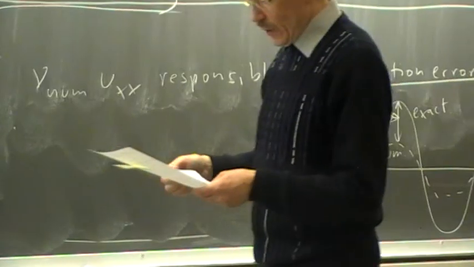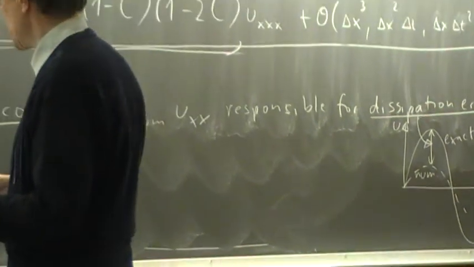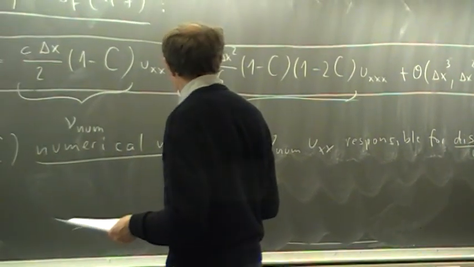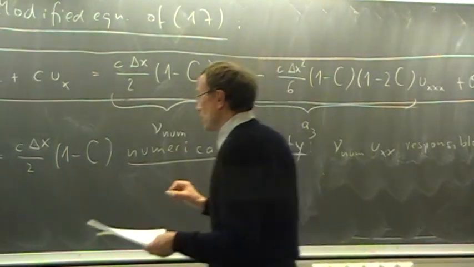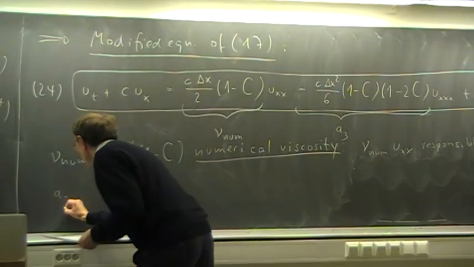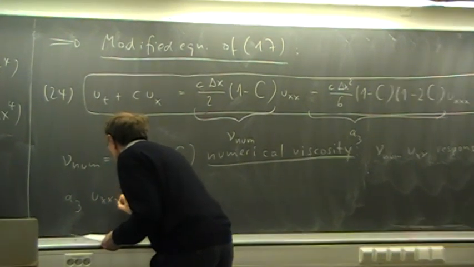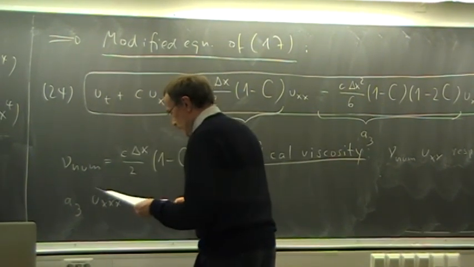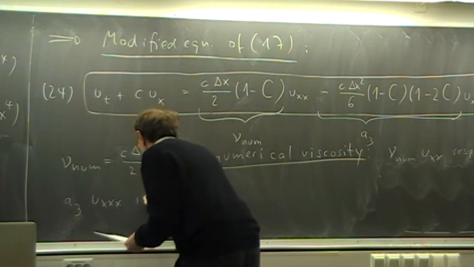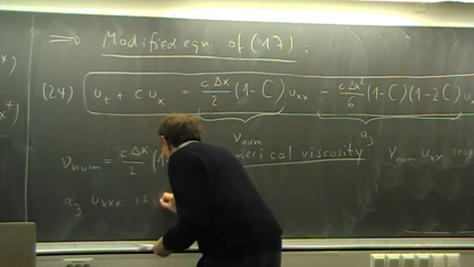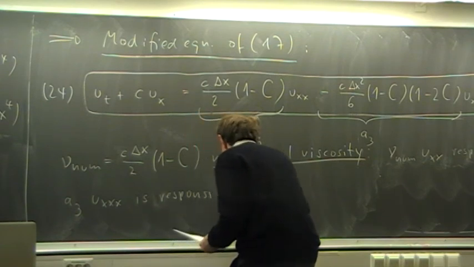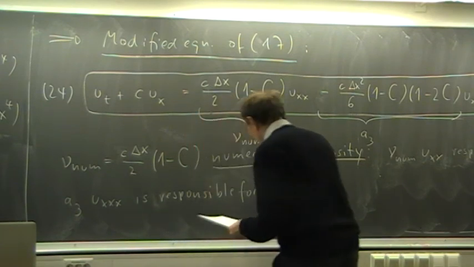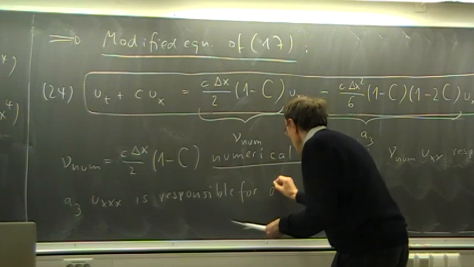The term that we have here, the A3, I do not know the name of. That is the term, in this form, the A3, the third derivative, that is responsible for what is called the dispersion error.